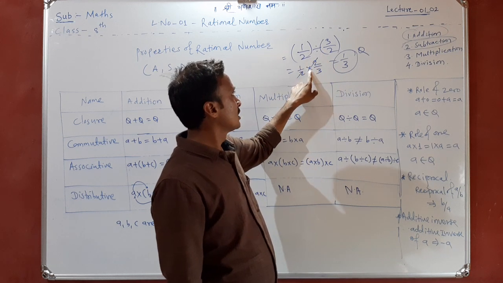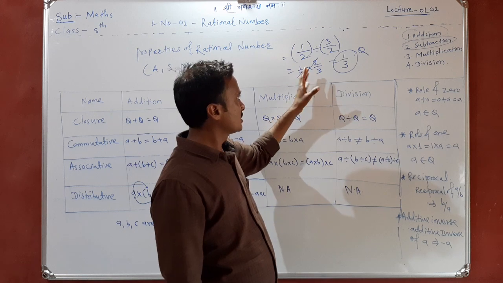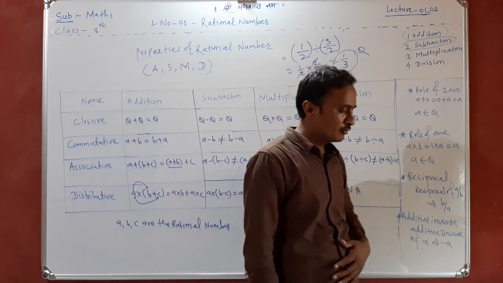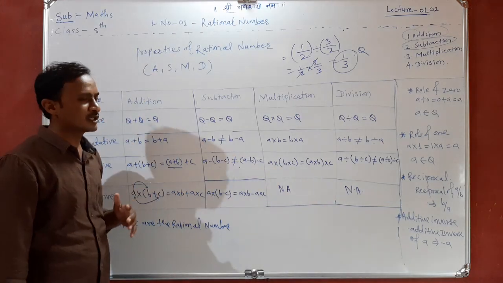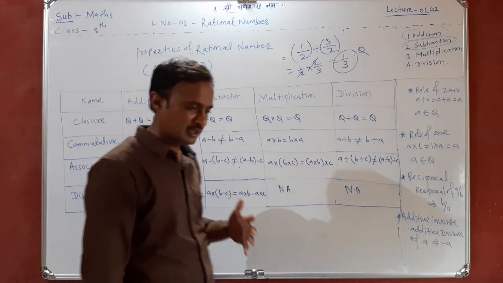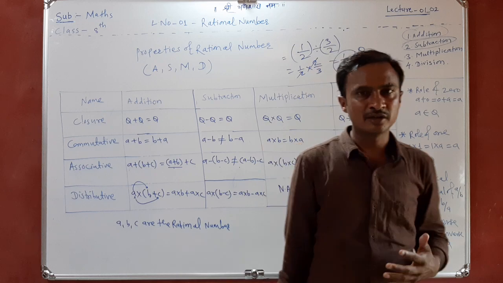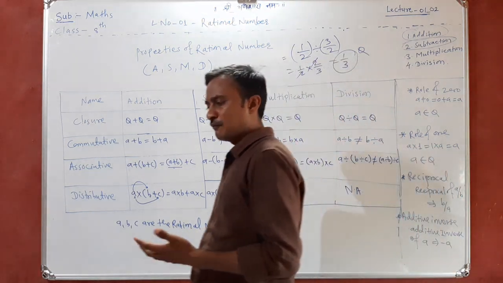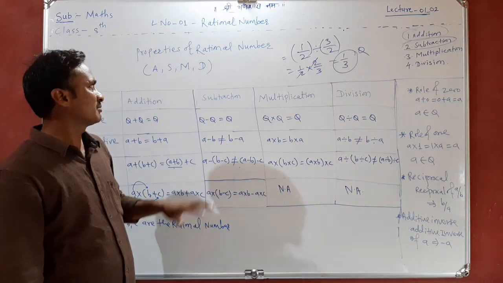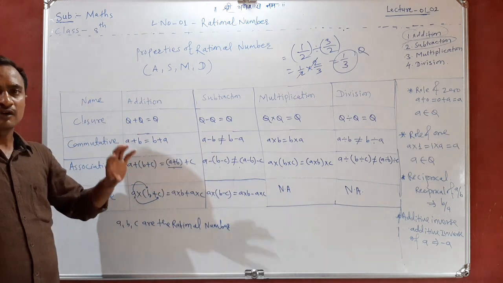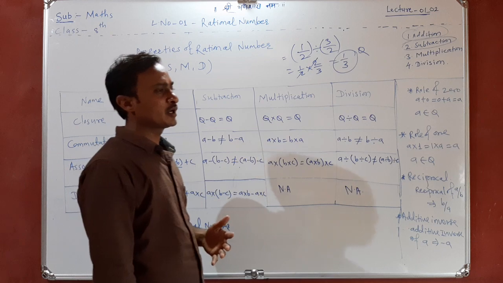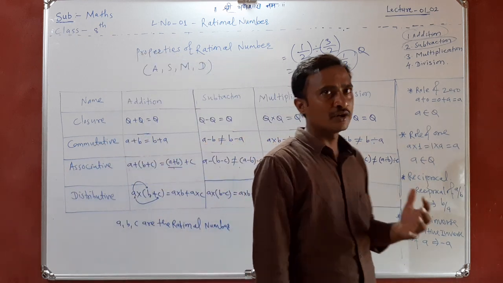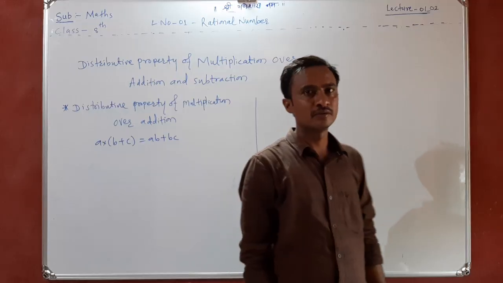Instead of division, here is a multiplication. So many more times we have to apply all these properties while performing the basic operations, addition, subtraction, multiplication and division of rational numbers. I will tell you how to apply these properties on a given number.